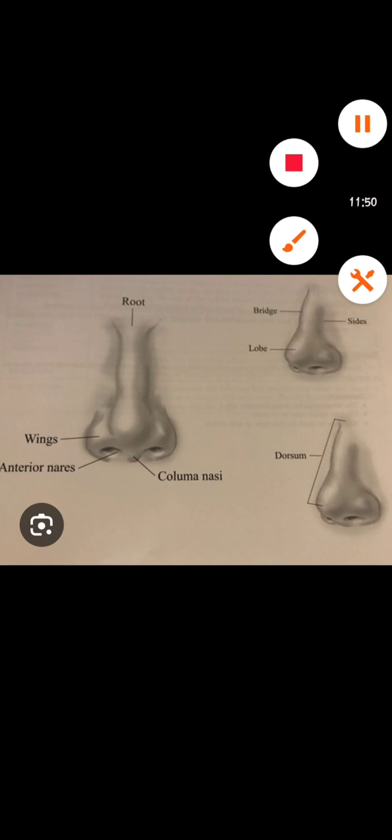And orbicularis oris is the mouth sphincter. Eye butthole and now mouth butthole. Both can squeeze and pucker, which is what a sphincter is. But the mouth sphincter influences the shape of your nose holes. Columna nasi.